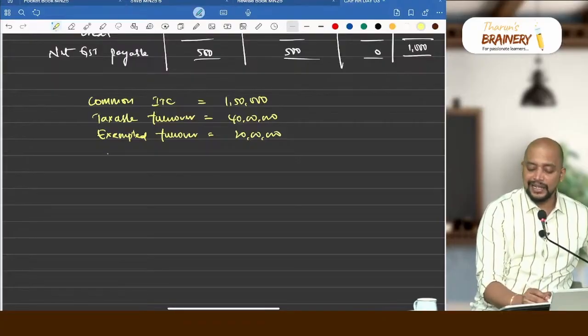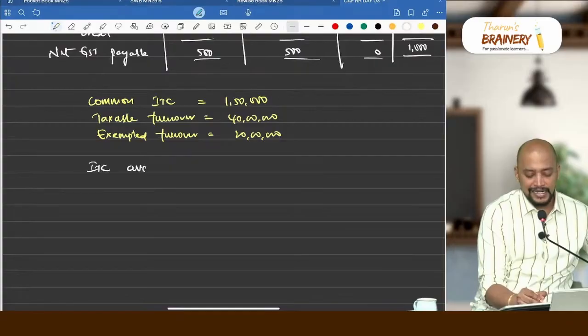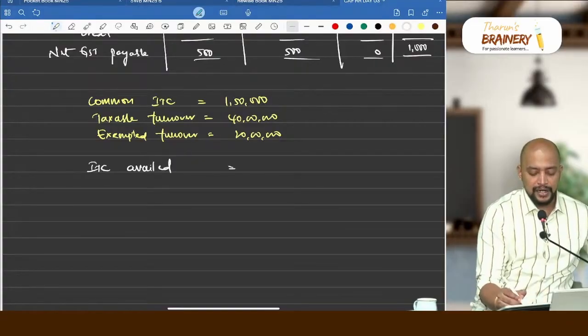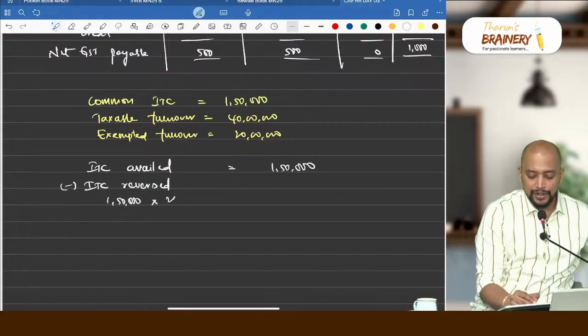So how we will take the ITC? First ITC avail. What is the ITC avail? Full ITC you take, 1,50,000 you take, minus ITC reverse. What is ITC reverse? Proportionate to exempted. That is 1,50,000 into exempted turnover 20 divided by total turnover 60. This needs to be reversed.